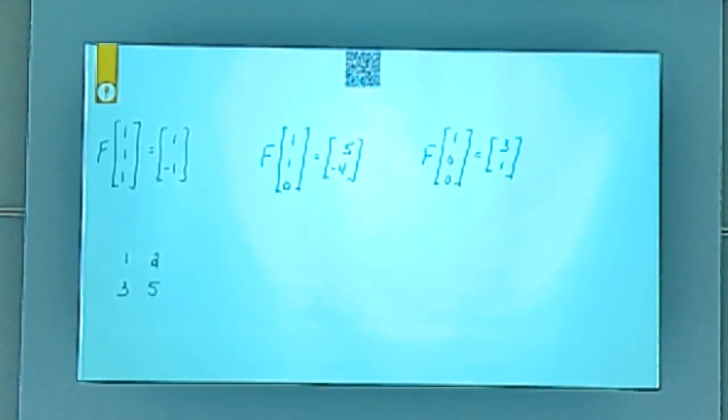And then we're going to have 3 augments, right? One for each of the transformations.